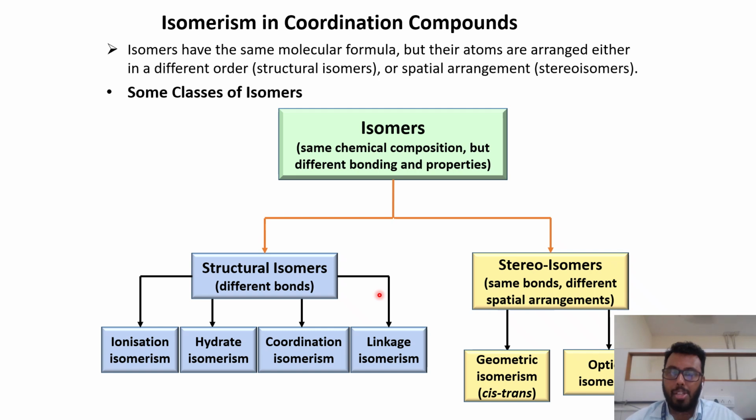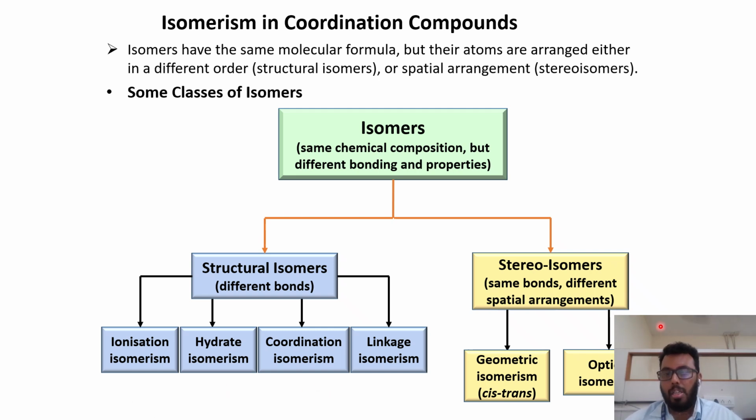Structural isomers differ in their bonds. Let's see the types. There are four types of structural isomers: ionization isomerism, hydrate isomerism, coordination isomerism, and linkage isomerism. We will see one example for each type, and we will see how this isomerism occurs.